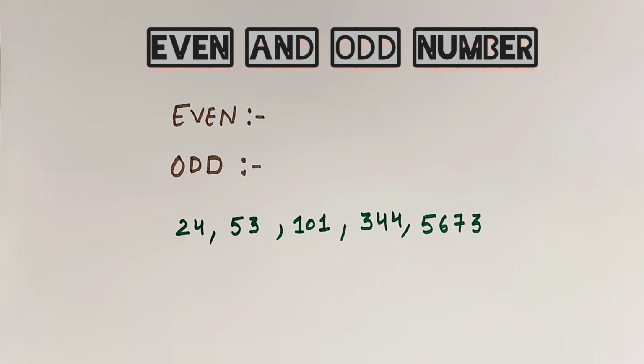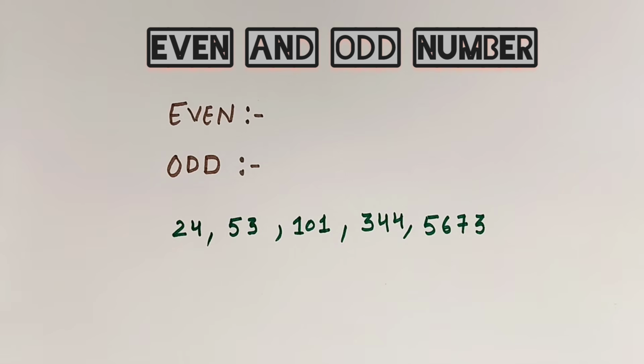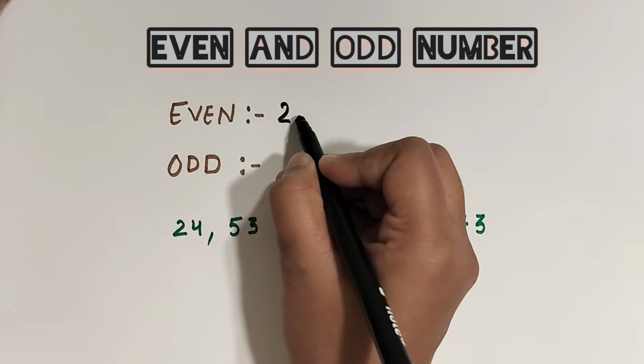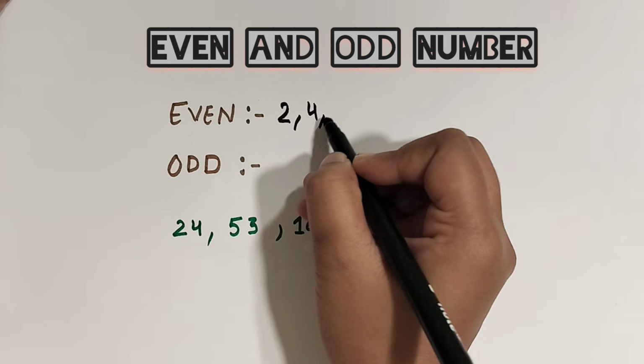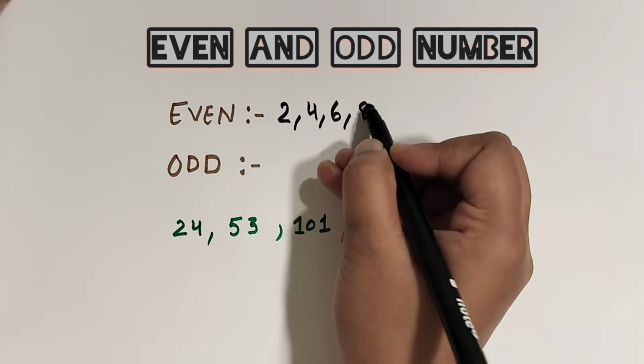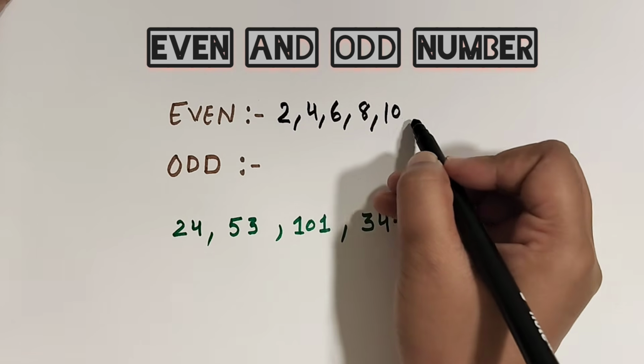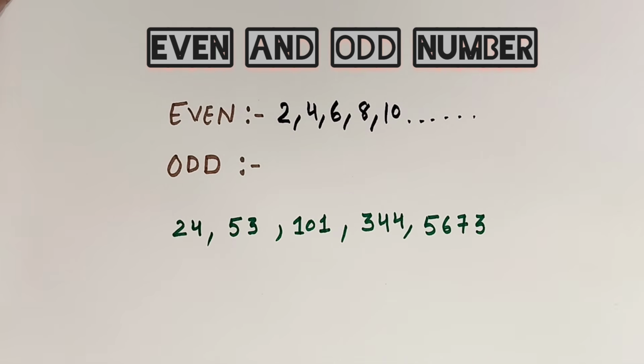Let's get started. So what is an even number? An even number is a number that is divisible by 2 with no remainder. For example, 2, 4, 6, 8, 10, and so on. Now, what is an odd number?